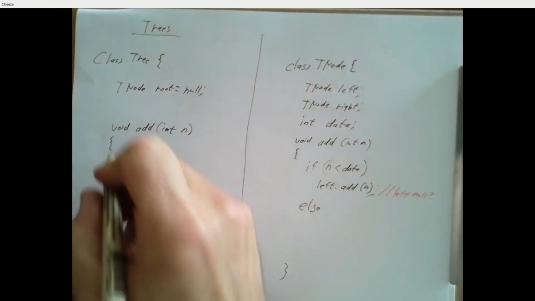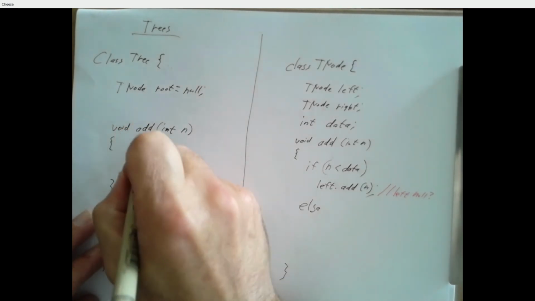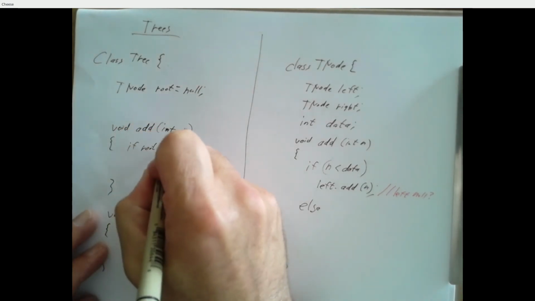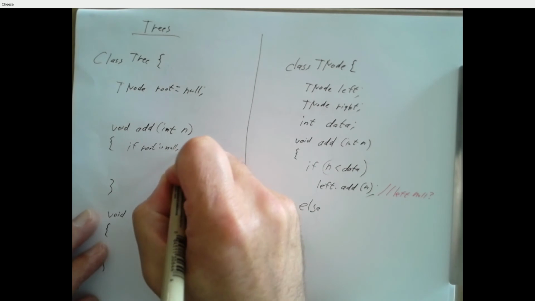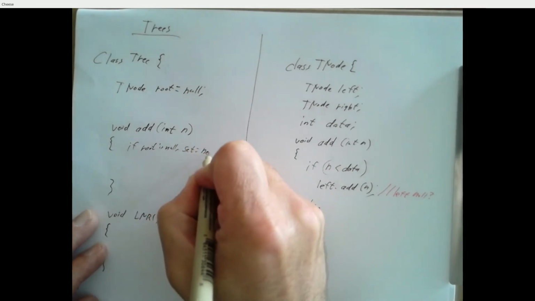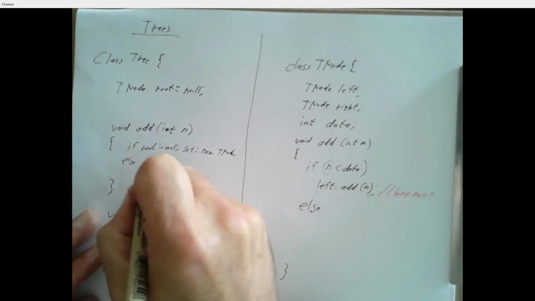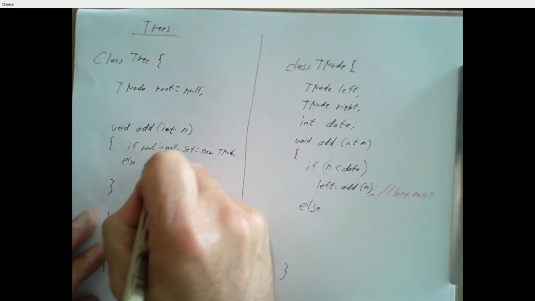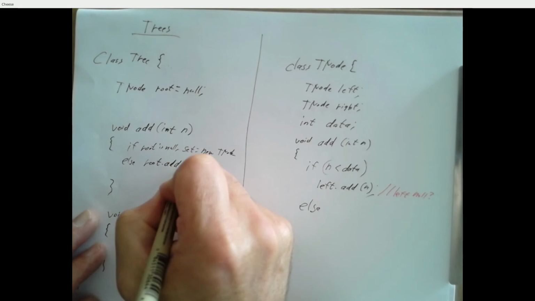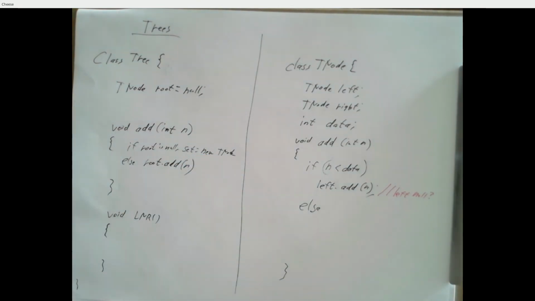And then over here, our add method is simply if root is null, set it equal to a new T node. Otherwise, just add this using the root's add method.